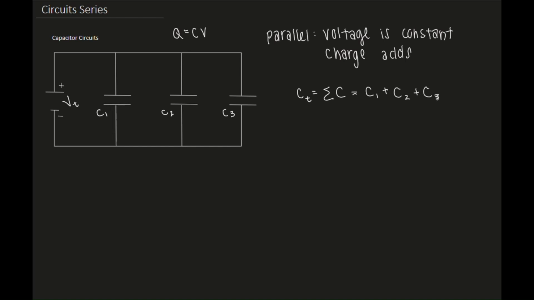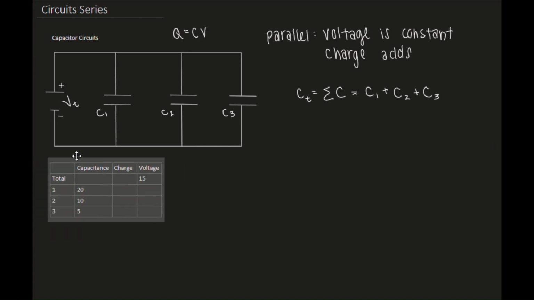We're going to look at some actual examples. So go ahead and pull up a table here, and we're going to fill it out. Here we can calculate the total capacitance for this specific example. If you notice, our capacitor values are the same and we've pumped in the same amount of voltage, but because this is in parallel, our total capacitance is going to be quite a bit different.